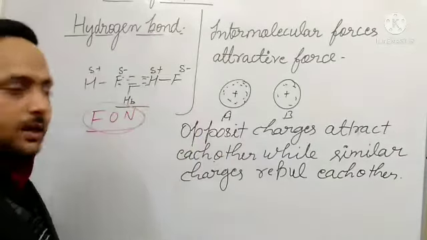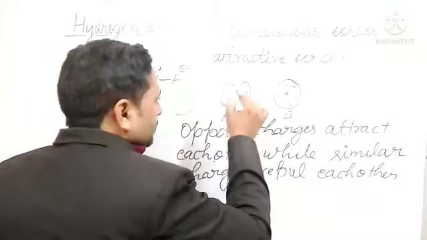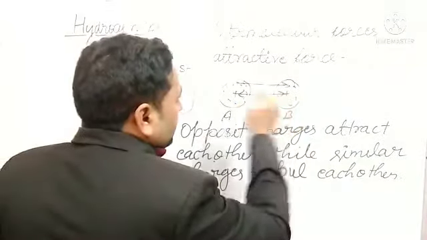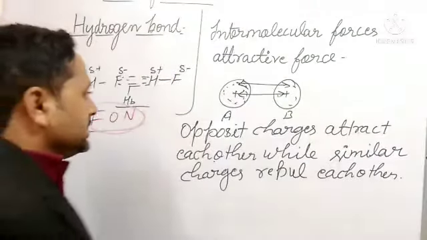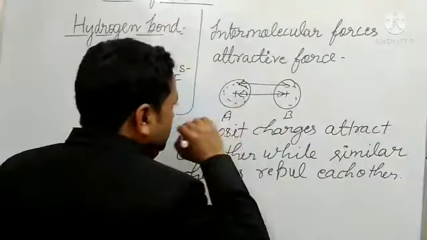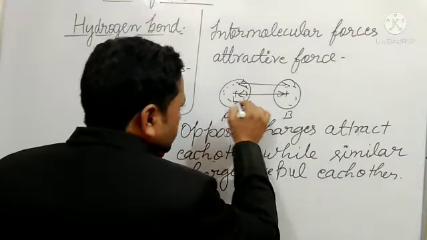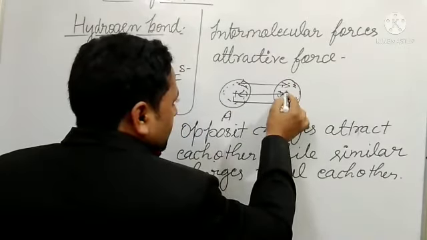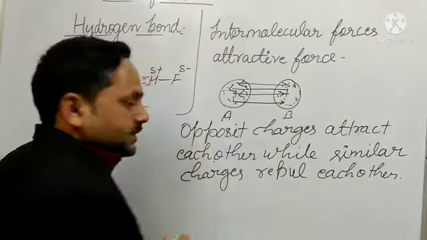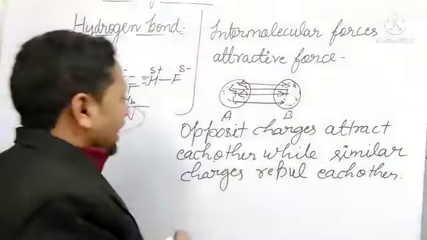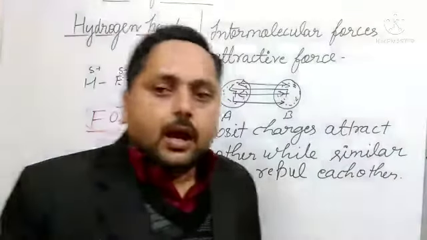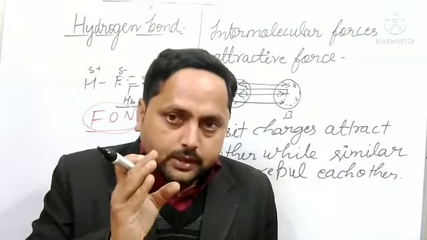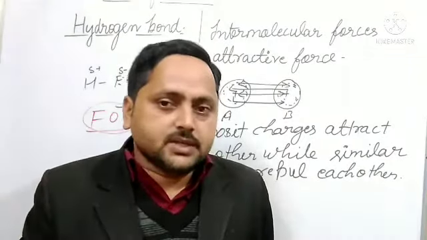So if we take two molecules, the nuclei will repel each other, and the electrons of the molecules will repel each other, but oppositely charged particles will attract. The positive charge of one molecule will attract the electrons of the other, and the nucleus of the second molecule will attract the electrons of this one. So what we observe here is that oppositely charged particles attract when molecules are brought closer, and similar charges repel each other.